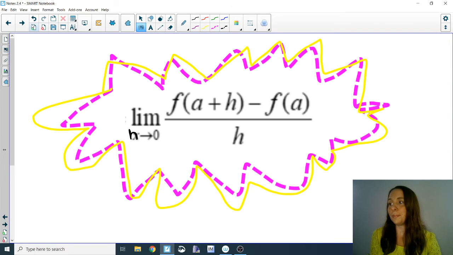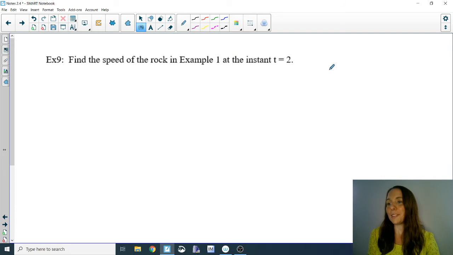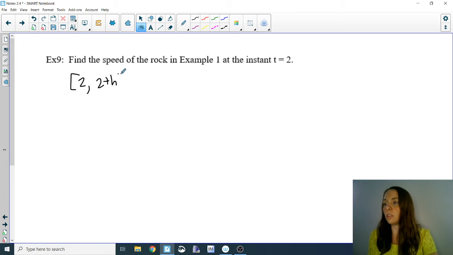Okay. All right. So now I'm just going to sort of recap, and then I'll finish off the problem. So keep in mind, here's what we're doing. We're setting up an interval from time 2 to time 2 plus h, and we got our ordered pairs.